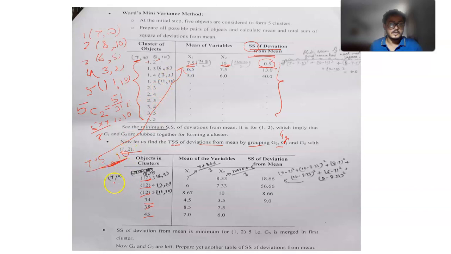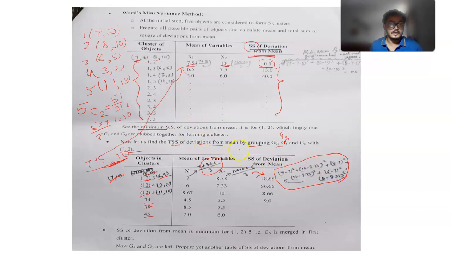We have to take the original value of 1, the original value of 2 and the original value of 3, and on that basis find the mean: 7 plus 8 plus 6 by 3, and 10 plus 10 plus 5 by 3. Then we find the sum of square of deviation from the mean as we did above.